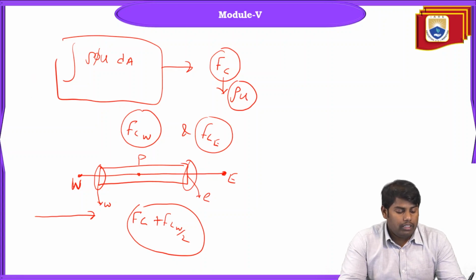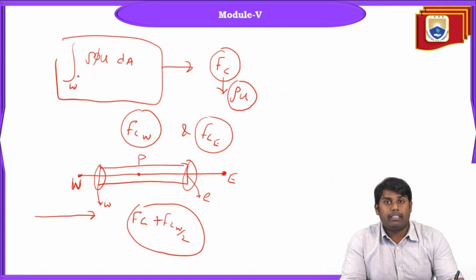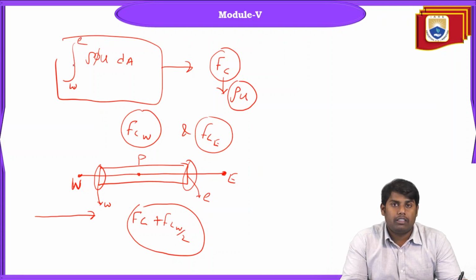But let's see first initially how to do the finite volume formulation for the convection term. Now what we have seen clearly is rho phi u dA, where the flux is seen at the west face and the flux is seen at the east face.